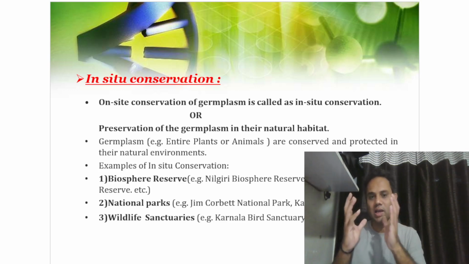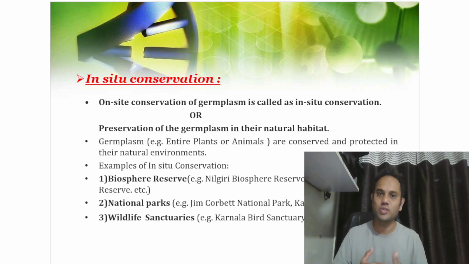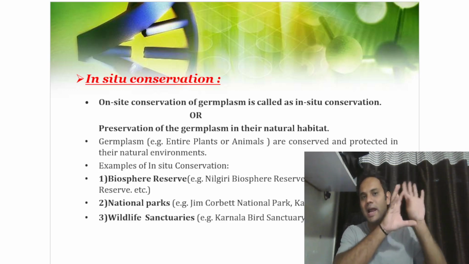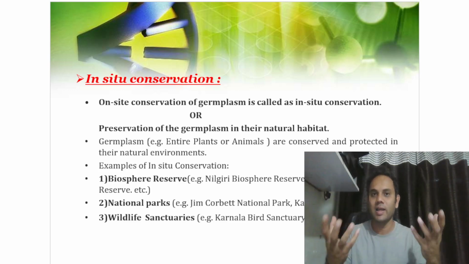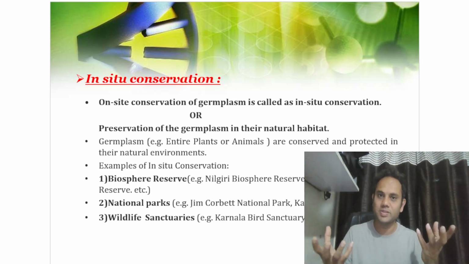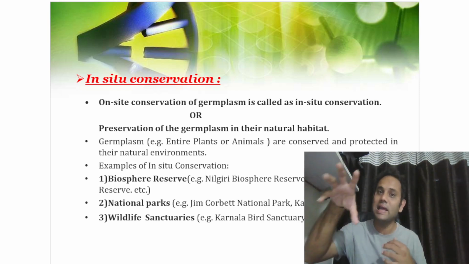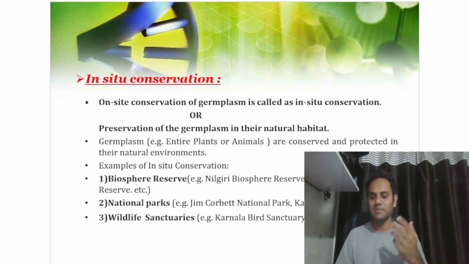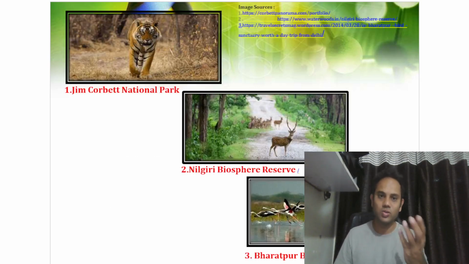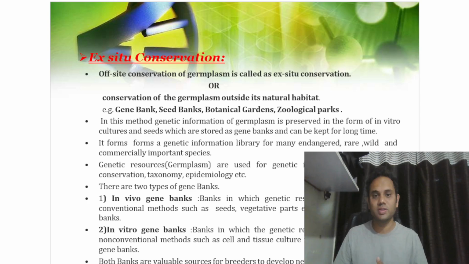All these protected areas come under in situ conservation because we conserve the species in their natural habitat. So you can see Jim Corbett National Park, Nilgiri Biosphere Reserve, and Bharatpur Bird Sanctuary. All these are in situ conservation methods.